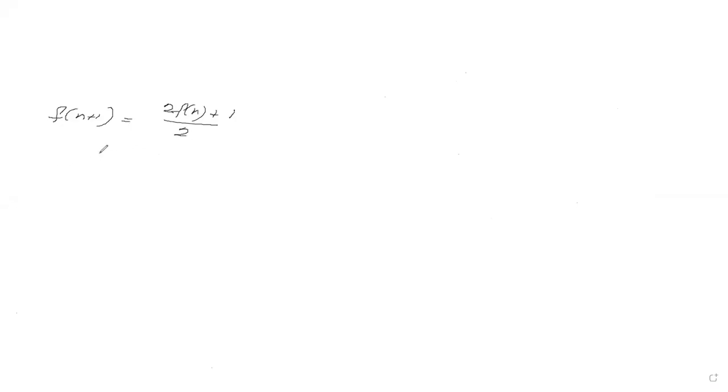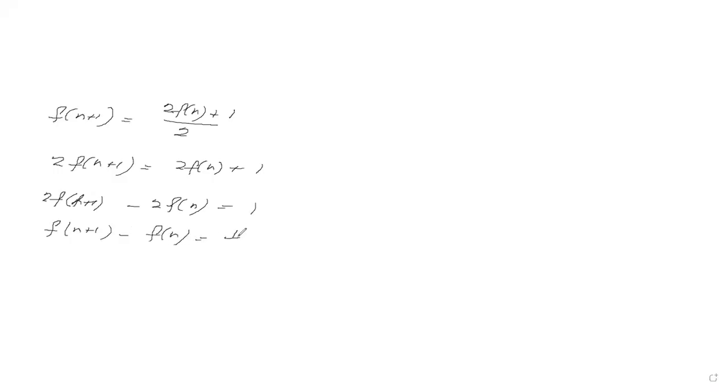So from here, we can multiply by 2 on both sides, and then bring the 2fn to the left hand side and leave the 1 on this side, and then divide by 2 throughout. You get half. And here we can say n equals 1, 2, 3, dot, dot, dot.